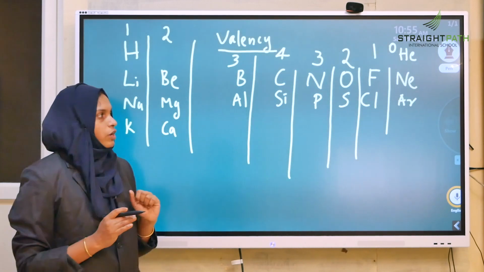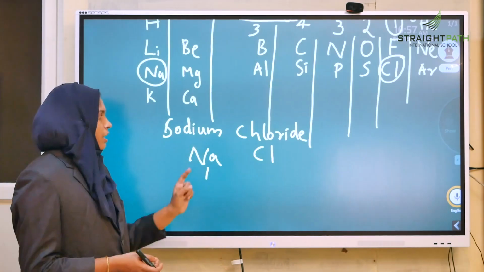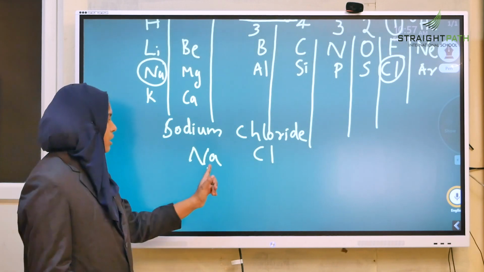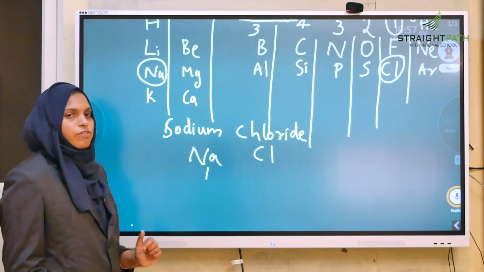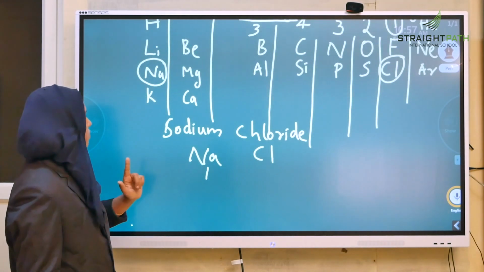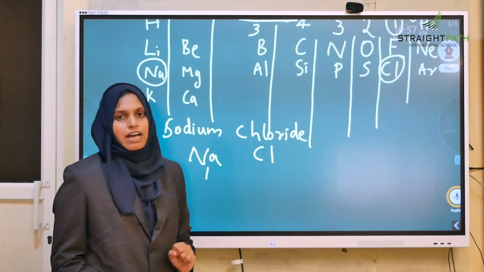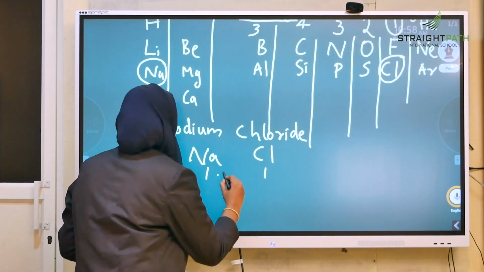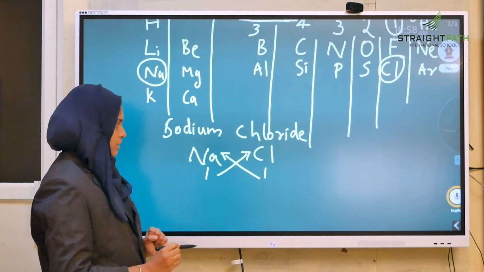So let me do one example. A simple example, sodium chloride. In sodium chloride, the constituent ions present are sodium and chlorine. In the second step, we write the valency of the atoms. For sodium the valency is equal to 1, and for chlorine also the valency is equal to 1. Then we draw 2 arrows like this.